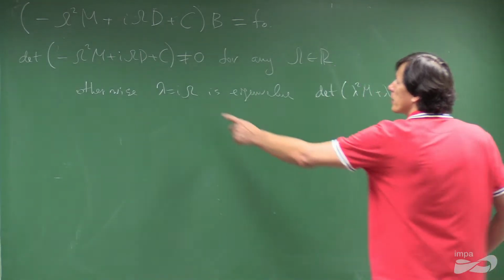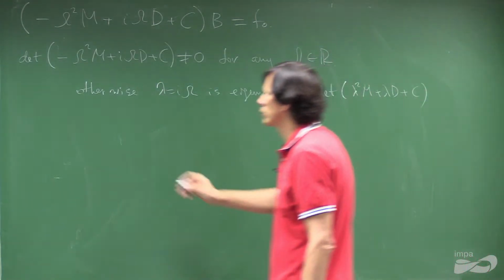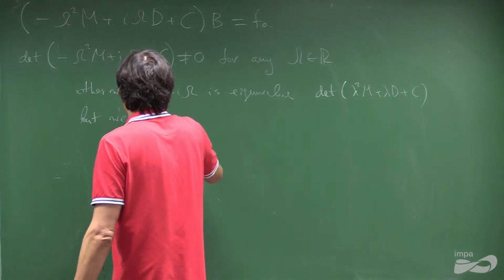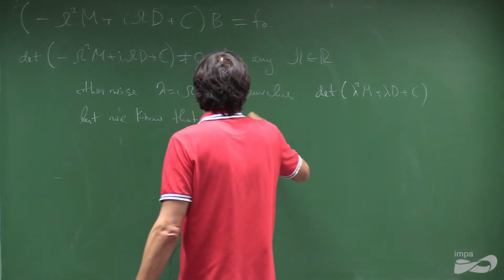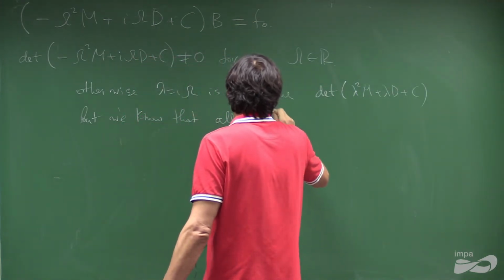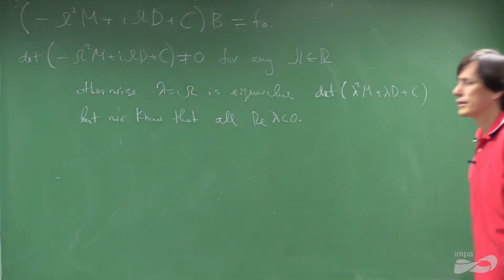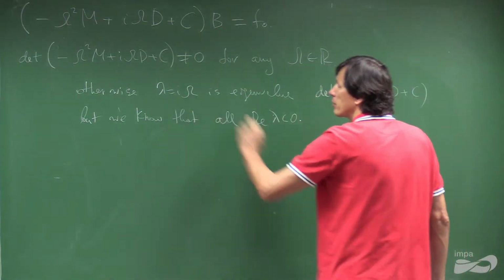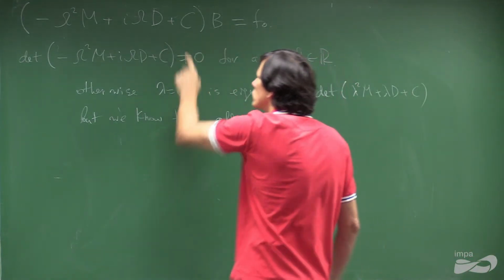If you put i omega as lambda, it's exactly this, but we know that all eigenvalues have negative real part, since it's asymptotically stable. So no eigenvalue can be purely imaginary. So we know the determinant is not zero, and we can always invert the matrix.